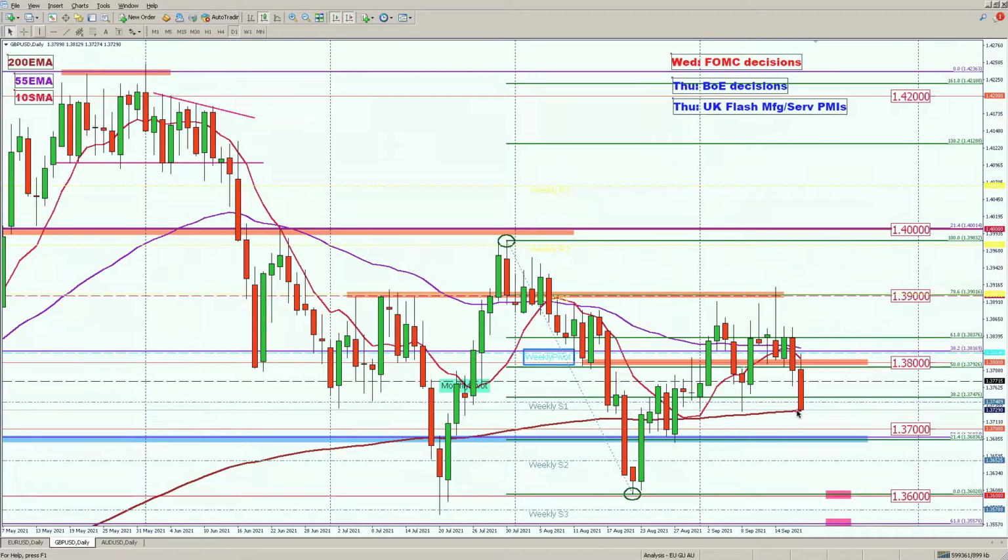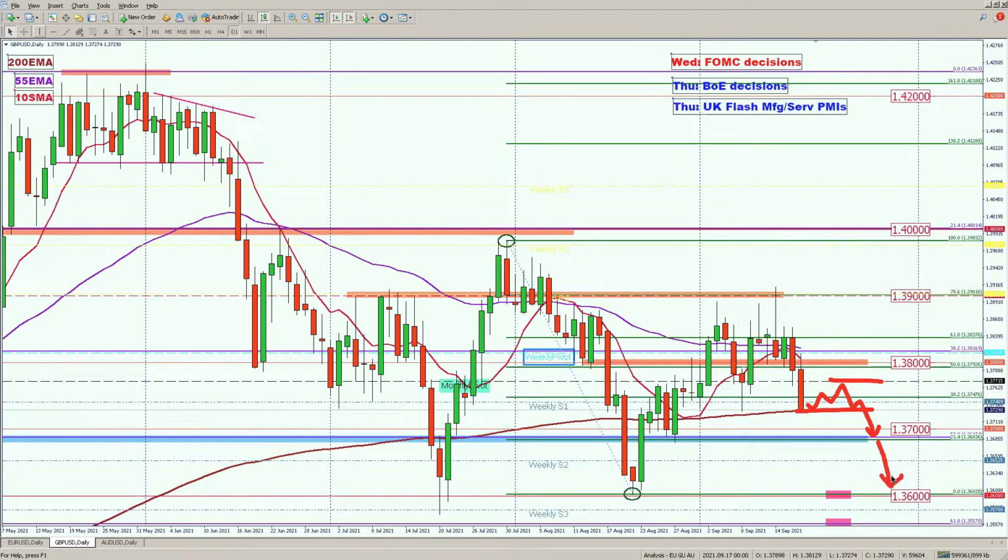Right, so let's see if this support at the 200 holds, and whether the monthly pivot holds as interim resistance. And if it does break down, that's going to be the first target here. Target zone at just below 137, 136.85 area.